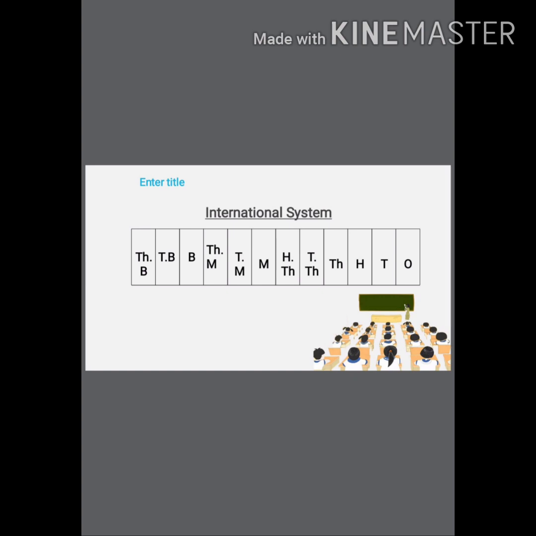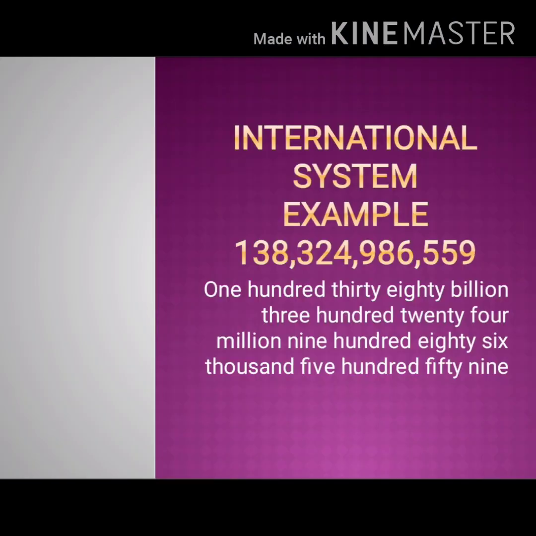For Indian system, only from the right side, after 3 numbers we place a comma, then after 2 numbers we continue with the comma. But for international system, after every 3 digits we place a comma. So I think you are clear with writing number names in both Indian as well as international system, same as the example I have given.